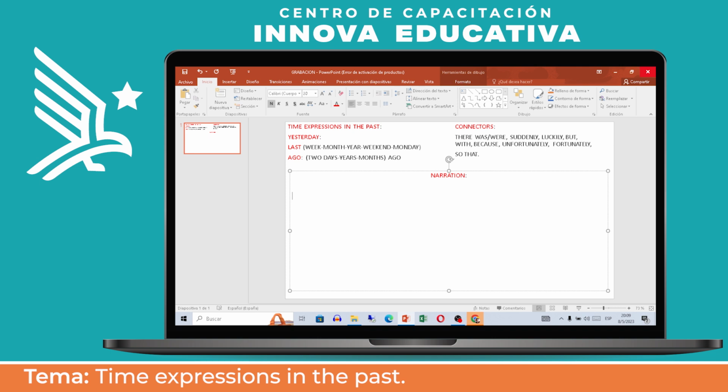We can start with a time expression. Podemos empezar con expresión de tiempo. For example, last year, el año pasado, use comma.